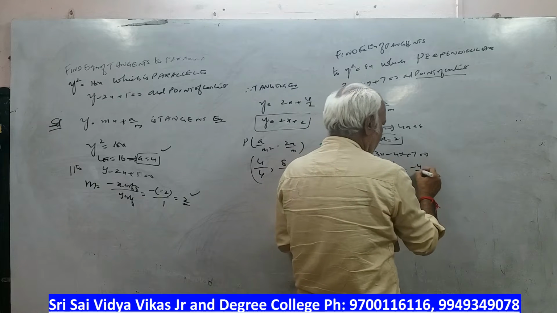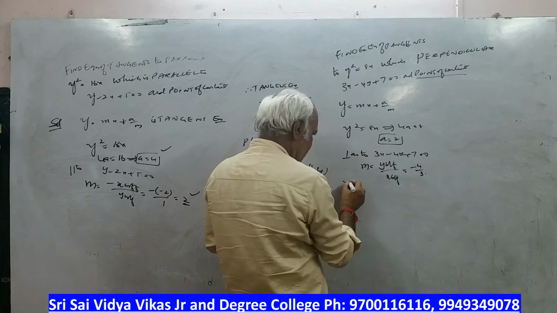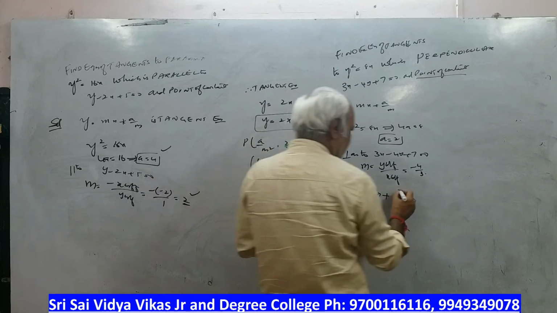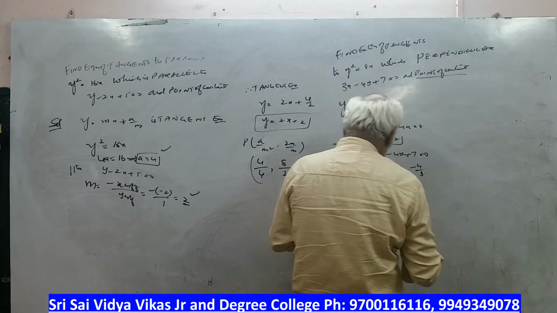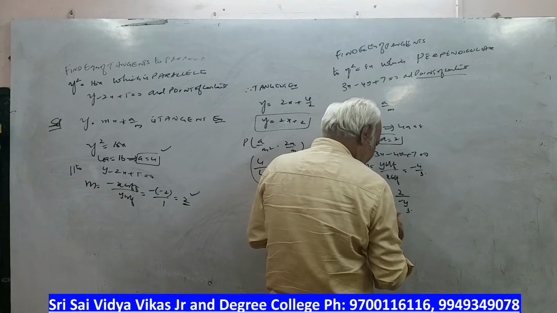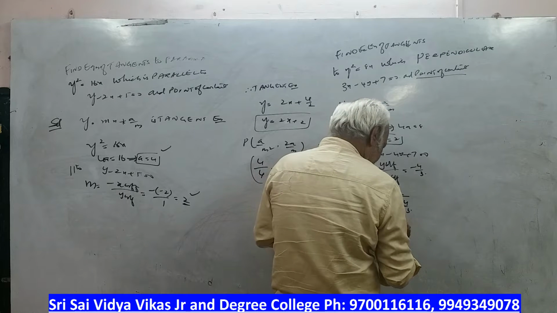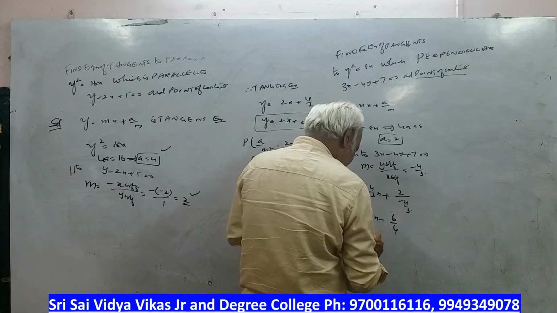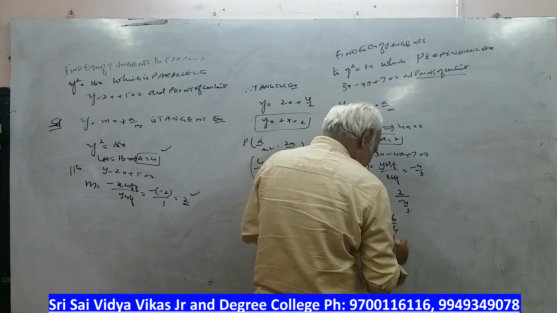So minus 4 by 3. So here y is equal to minus 4 by 3x plus a value 2 by minus 4 by 3. So y is equal to minus 4 by 3x minus 6 by 4. This 3 will go. So y is equal to minus 4 by 3x minus 3 by 2.